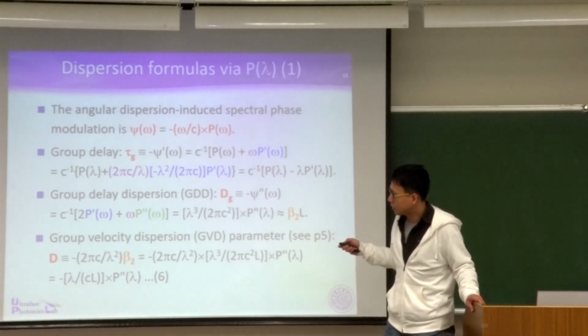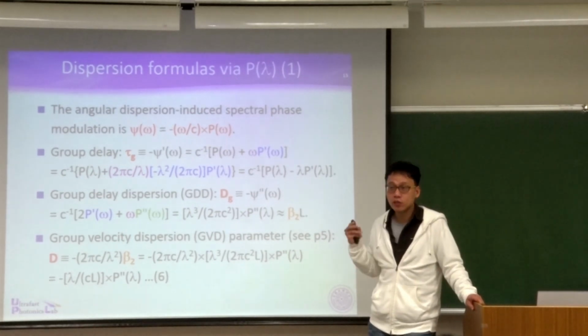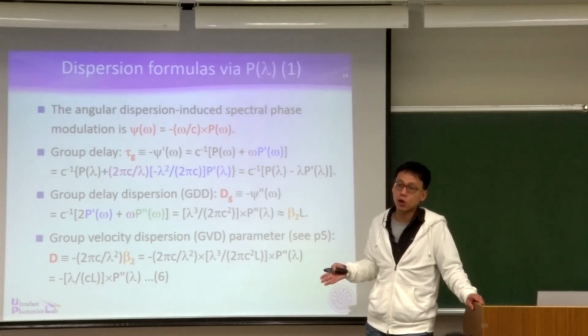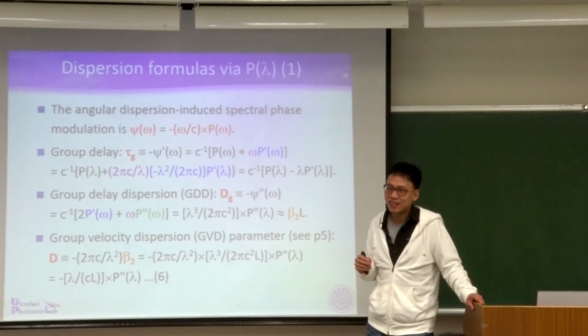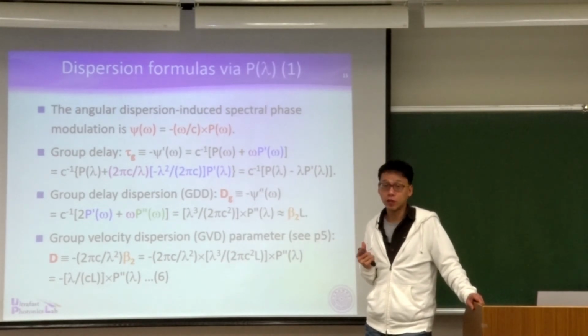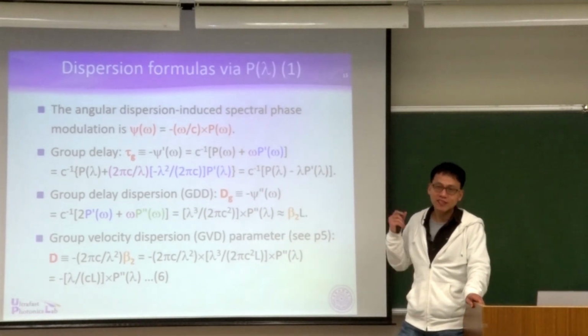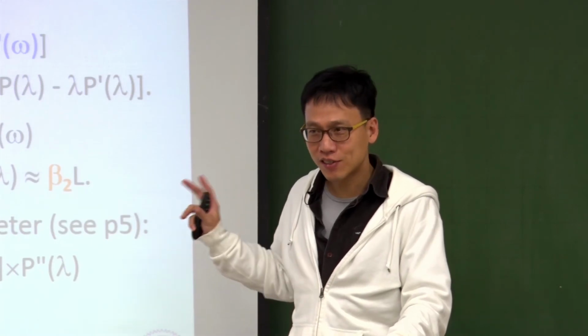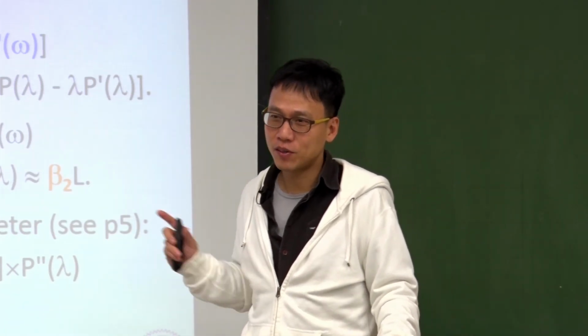So you can regard these formulas as generalizations of the old formulas. Previously, material dispersion only. Now, both material and angular dispersion are taken into account in these formulas. So that's the meaning of this page.